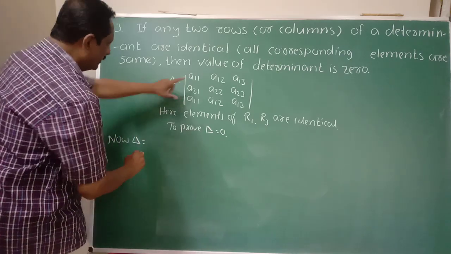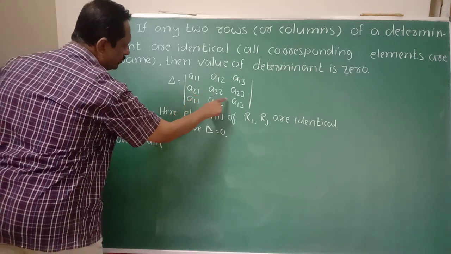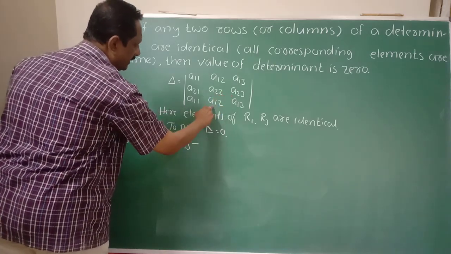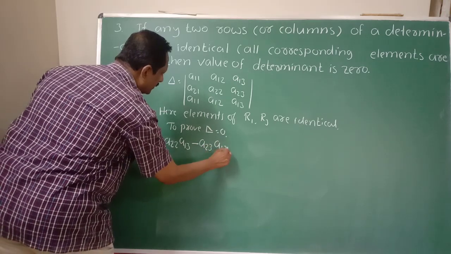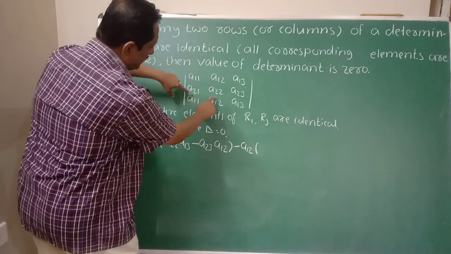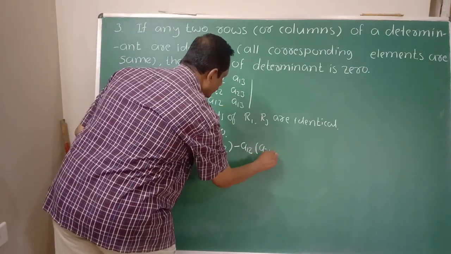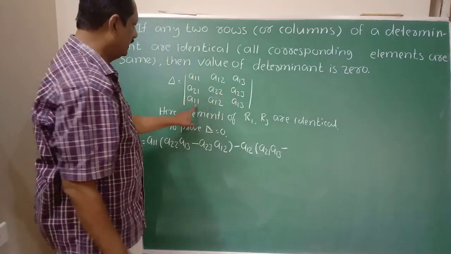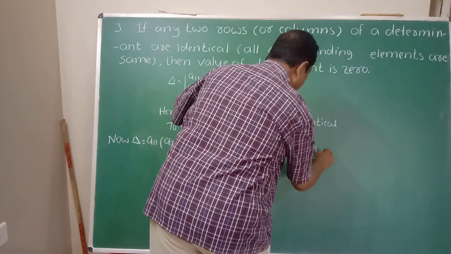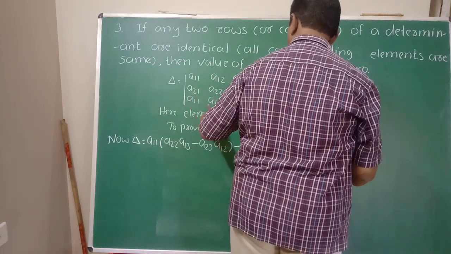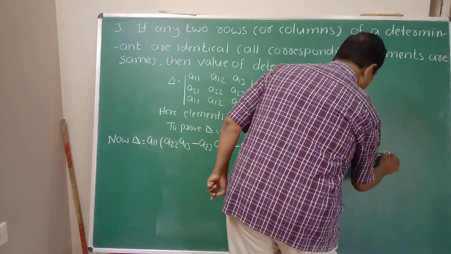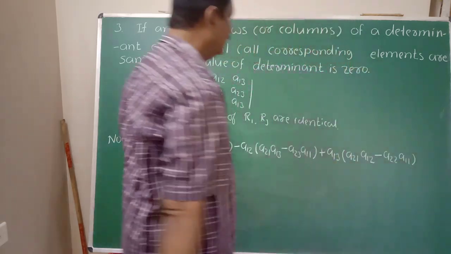Delta is equal to A11 into bracket A22 A13 minus A23 A12, bracket complete, minus of A12 into bracket A21 A13 minus A23 A11, net A13 plus A13 into bracket A21 A12 minus A22 A11. Expand the determinant here.